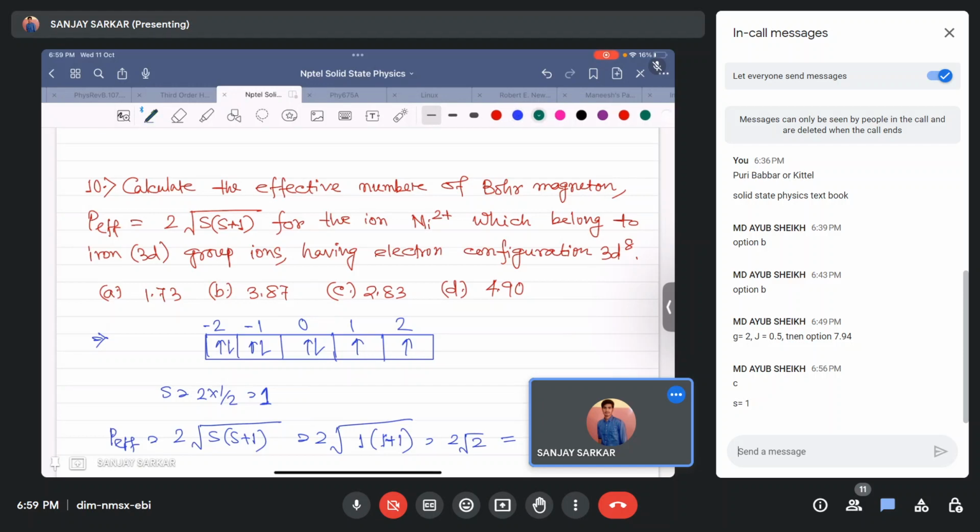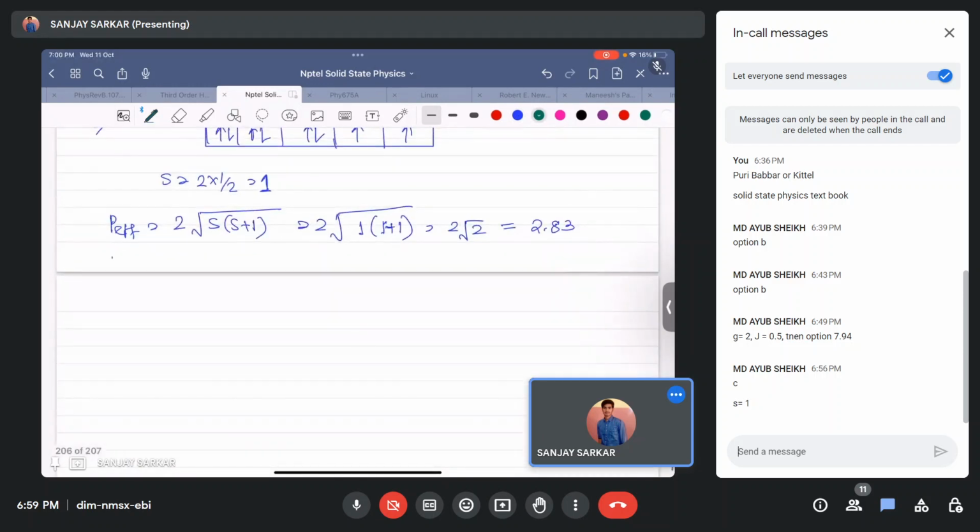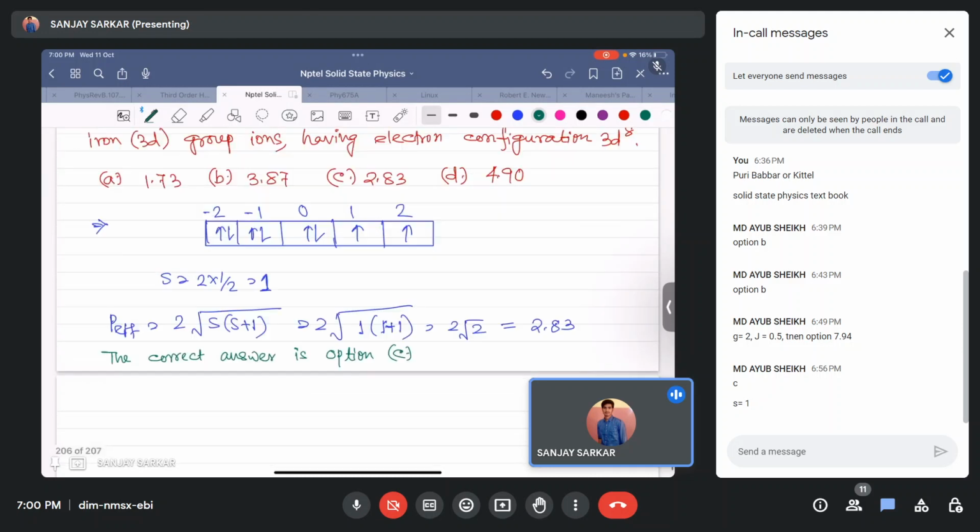So the correct option is option C. Yeah, so S is 1 and you just needed to calculate the S.